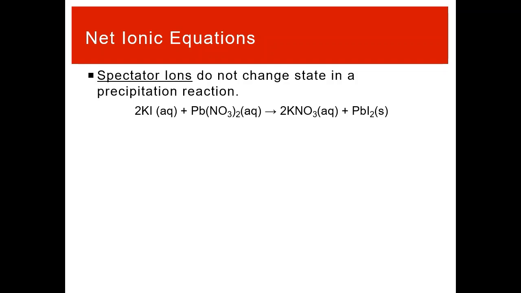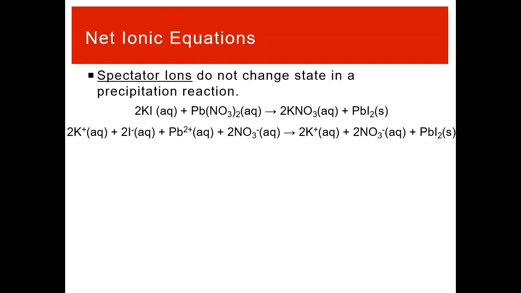So if we look at this example, if we want to identify what the spectator ions are, we know that when we write this KI aqueous, KI is an ionic compound, and we're saying that it's aqueous. We're saying that it's dissolved in water. What that means is that it's an ionic compound dissolved in water. We know that it's really K cations and iodide anions, right?